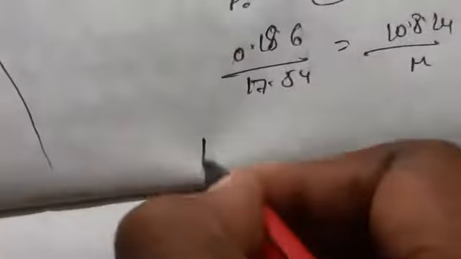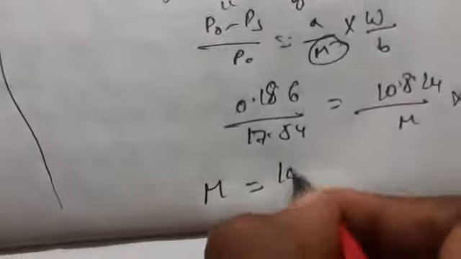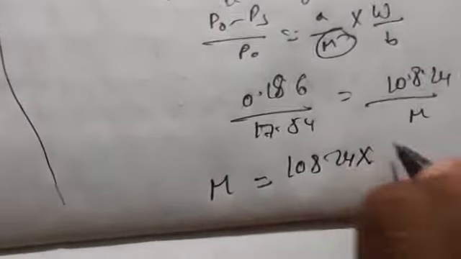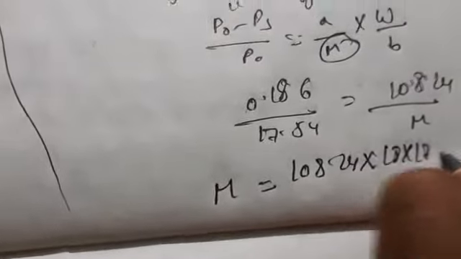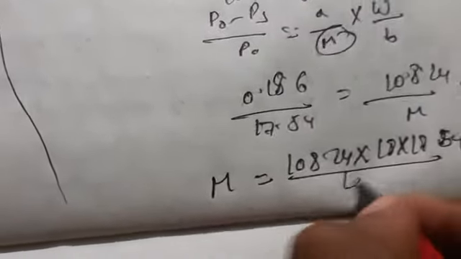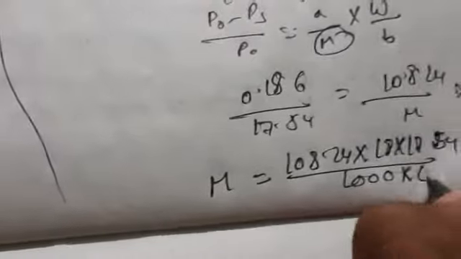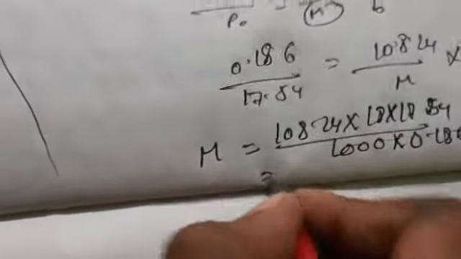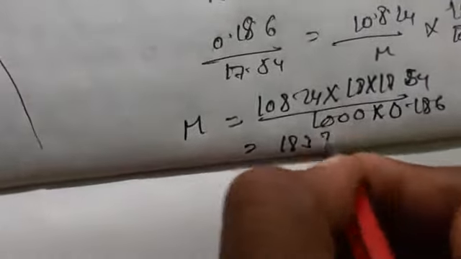So by calculating all this, we are going to get 108.24 into 18 into 17.54 divided by 1000 into 0.186. So we are getting 183.73 grams. Okay. So this is the molecular weight.